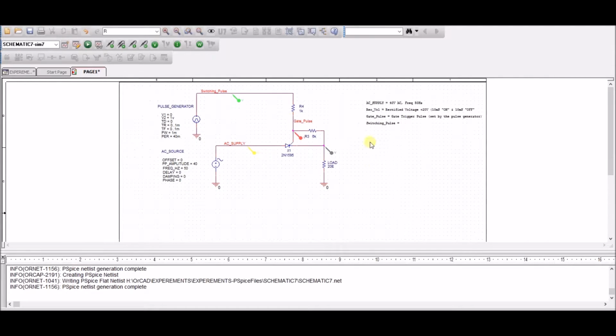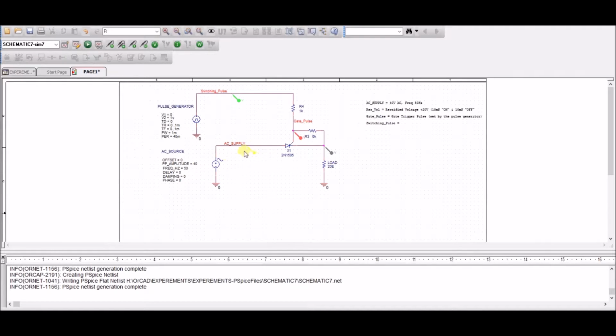Now let us have a look at this application, how we have done this. Here you can see that we are generating a 50 Hz sine wave on the anode, and the cathode is connected to a load of 20 ohms. Now we have connected a resistor from the gate to the load side.